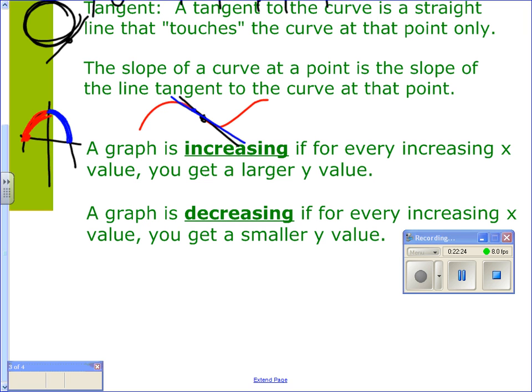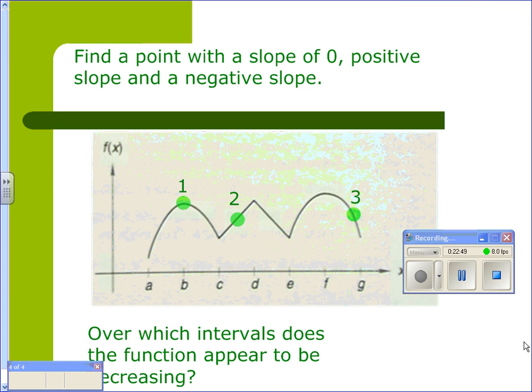Decreasing. As my x values, they're still getting bigger, right? They're going further this way. But what's happening to my y values? They're going down. So that's a decreasing part of a function. Does that make sense? It'll ask you positive, negative intervals and increasing, decreasing intervals. And you want to use, look at this graph.